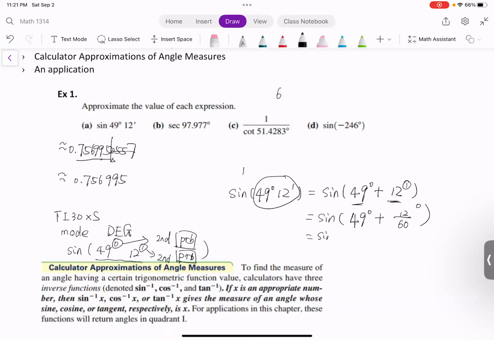Then I have sine of 49 degrees plus, by the computation, 0.5 degrees. Sorry, I made a mistake. That's 0.2 degrees.